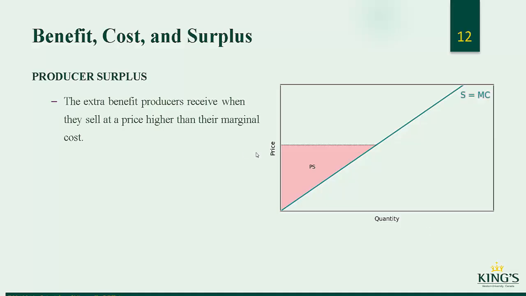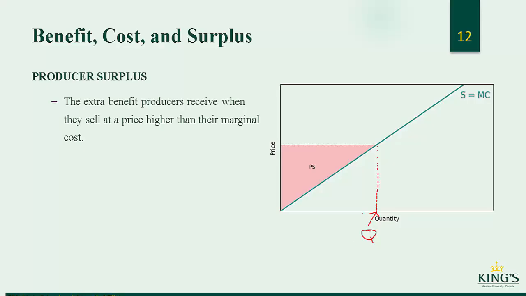The producer surplus would be the area below the price and above the supply curve. For example, if this was an individual firm and the market price was given by this dotted line, they would want to offer this quantity Q for sale.